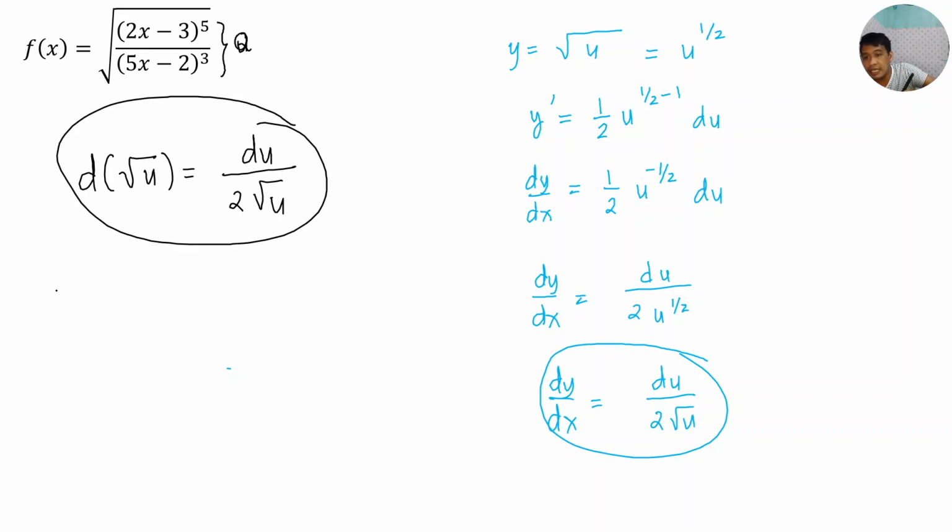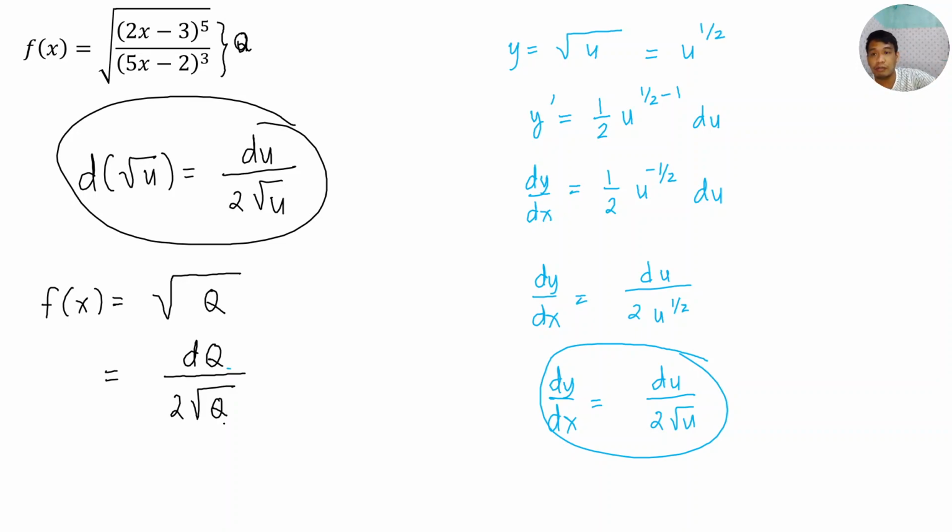So in this case, f of x is equal to square root of q. From our formula, that is simply the derivative of q all over 2 square root of q.